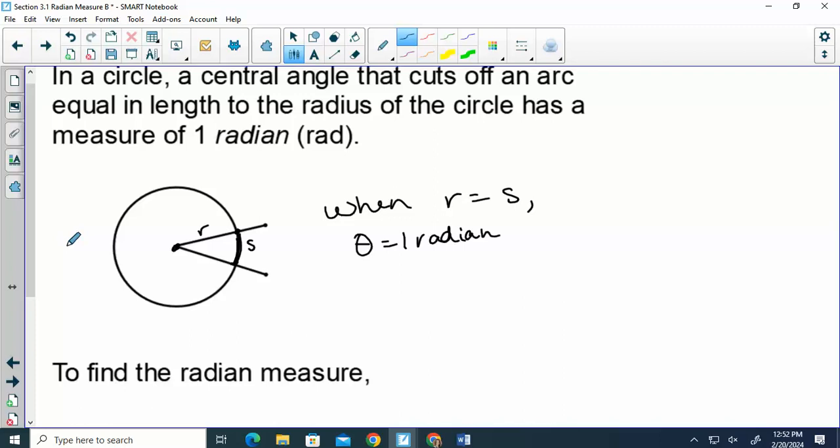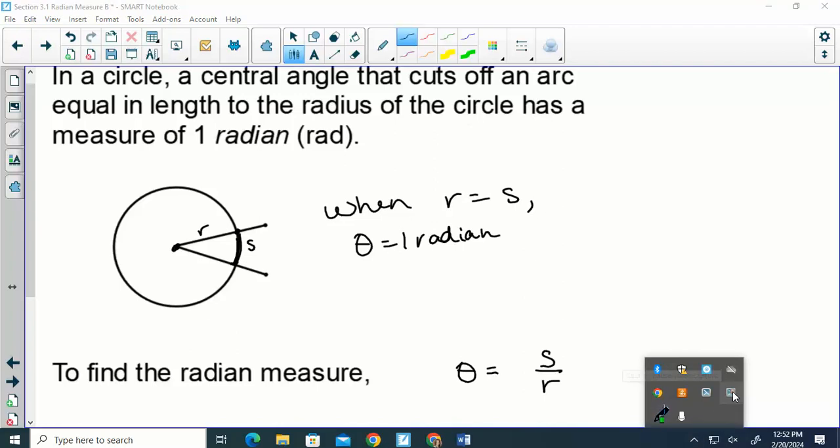If we want to find the radian measure, then all we have to do is arc length divided by radius, S divided by R.